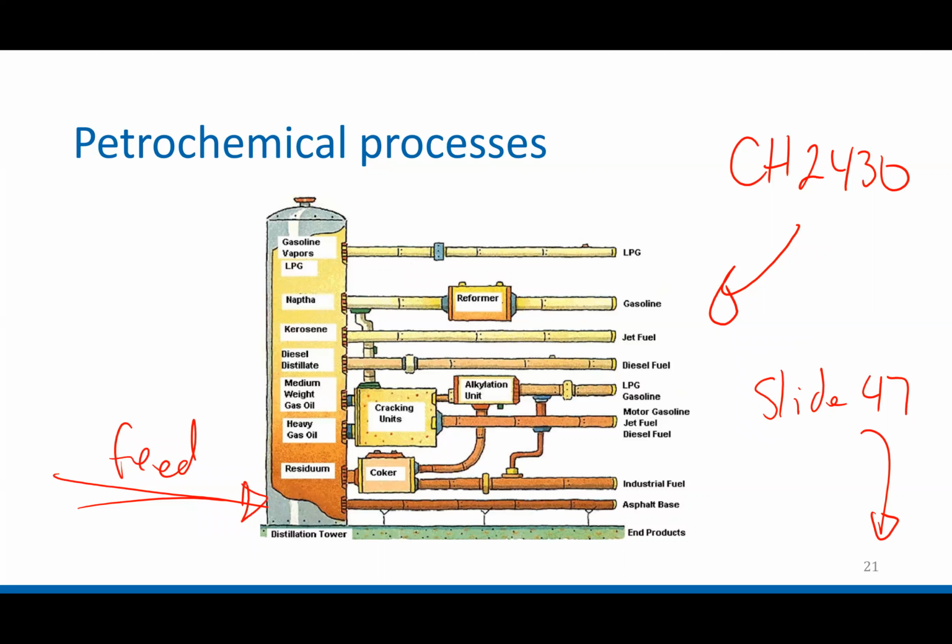Distillation is separating these things based on their boiling points. After they're separated, once they've been heated up and separated into their components, there's another process that typically happens. And that process can be reforming, alkylation, and cracking. And these processes we are going to look at today, okay?